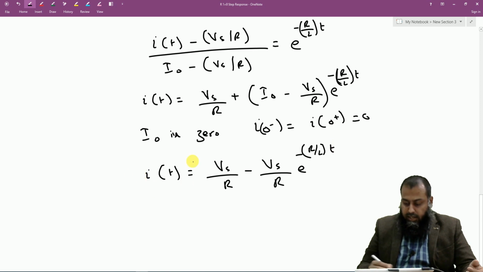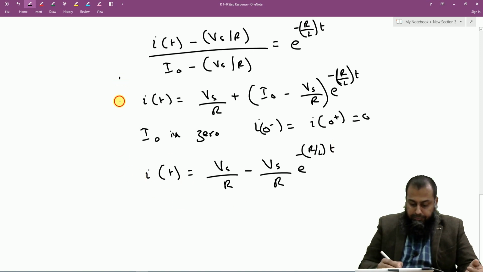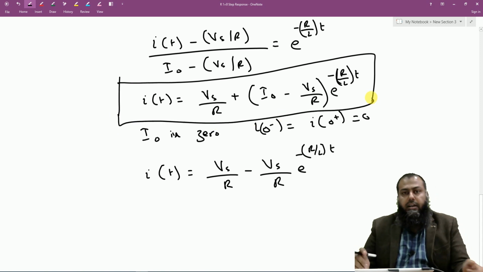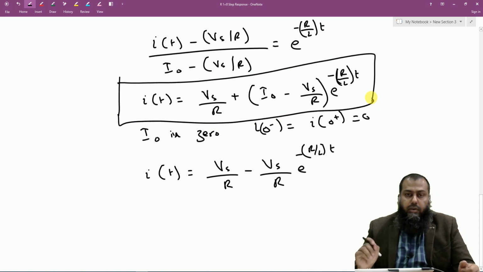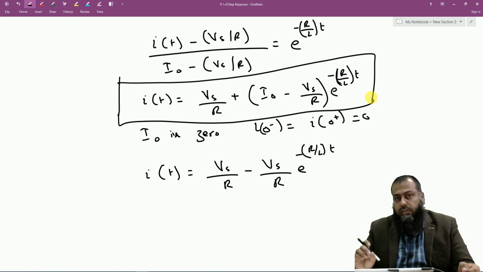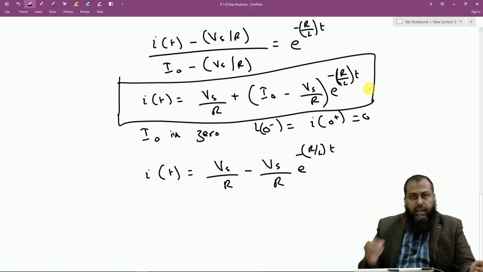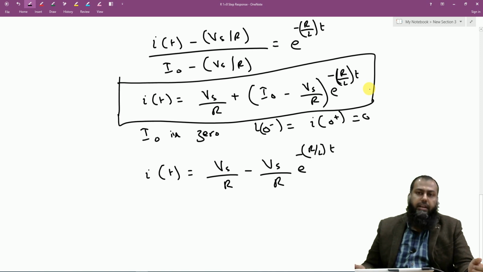This is the expression of the current that governs the behavior of the inductor if it is connected with the energy sources, for instance the source Vs here.